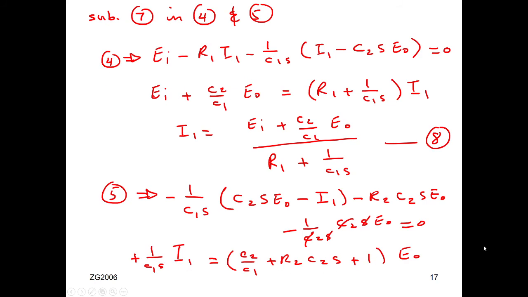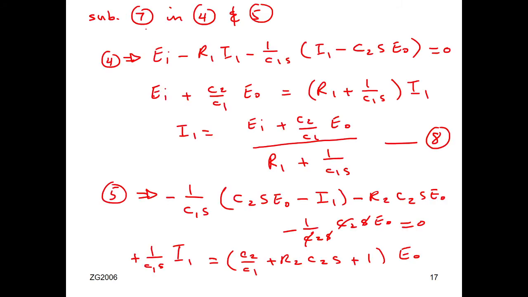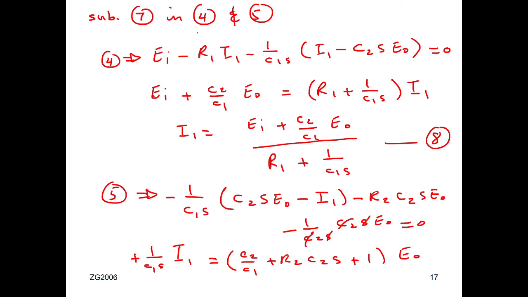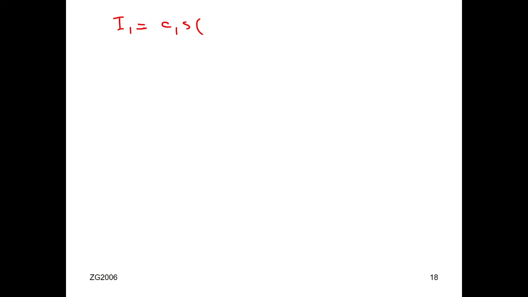So I1 will be how much? C1S multiplied by C2 over C1 plus R2 C2 over C1 plus R2 C2S plus 1, times E out, right?